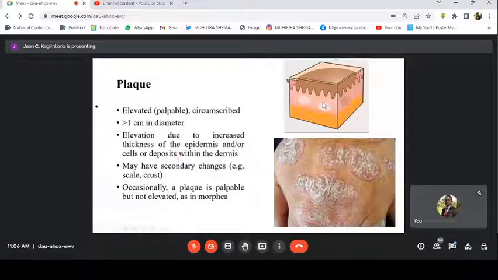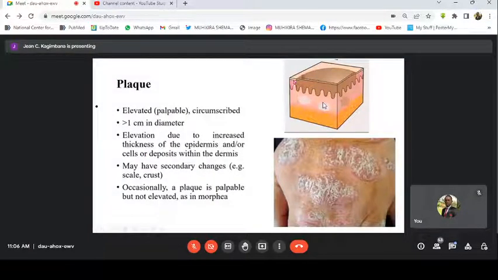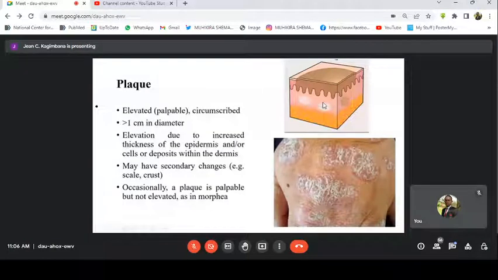The borders are well defined, but you see here it is elevated. It's a big papule. Papule, like in acne; plaque, like in psoriasis or lichenified eczema. Okay?